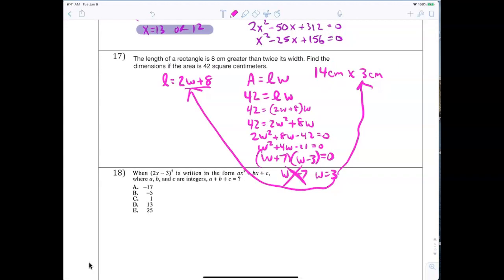When I got to 2w squared plus 8w minus 42, I think I did it wrong. Listen to me. The biggest mistake kids make is they forget to divide out the common factor. That's your mistake. You're supposed to divide by 2, and then it makes the problem easier. Always divide out the greatest common factor.